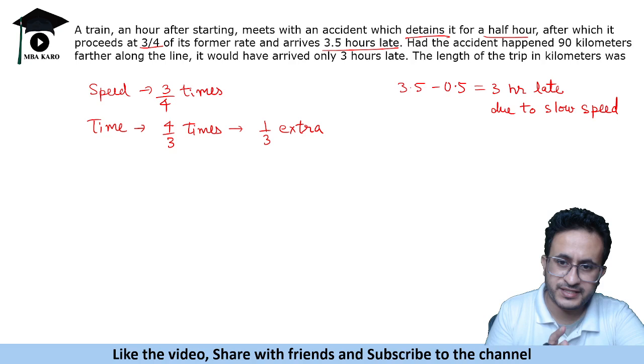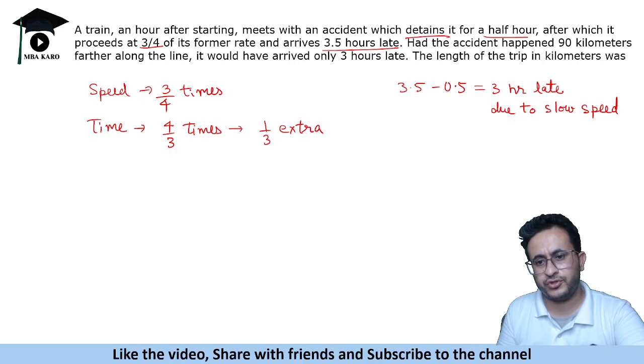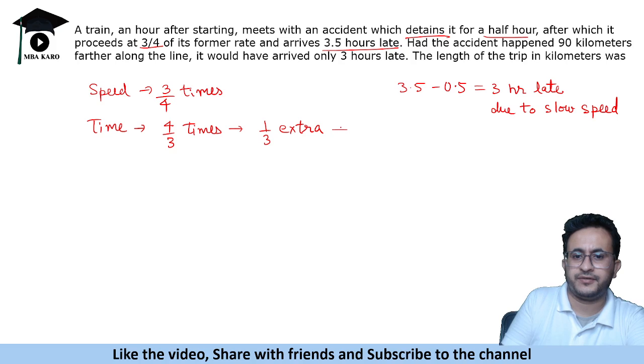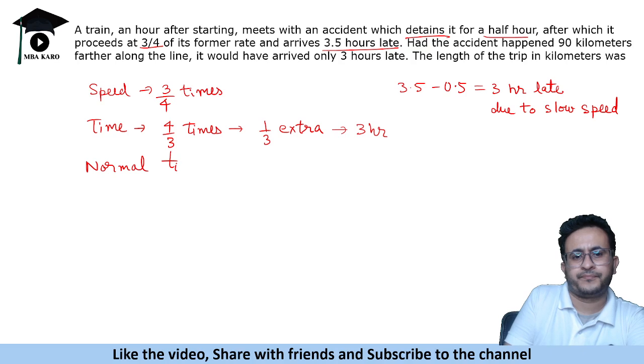So 3.5 hours delay, half hour delay because of stoppage, 3 hours delay due to slow speed. So time is 1/3 extra, 1/3 extra is 3 hours. So that means normal time is 9 hours.